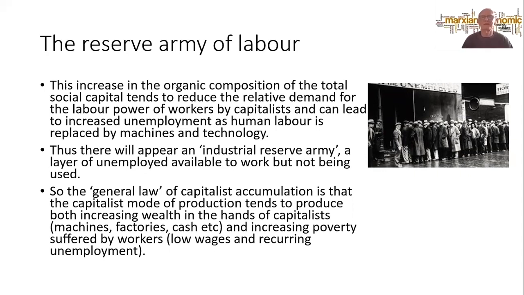There's a big increase in production, or they can put onto the dole or out of work when there isn't. So a general law of capitalist accumulation is that the capitalist mode of production tends to produce both increasing wealth in the hands of the capitalists and increasing poverty for whole layers of workers, particularly those on very low wages and in recurring unemployment.